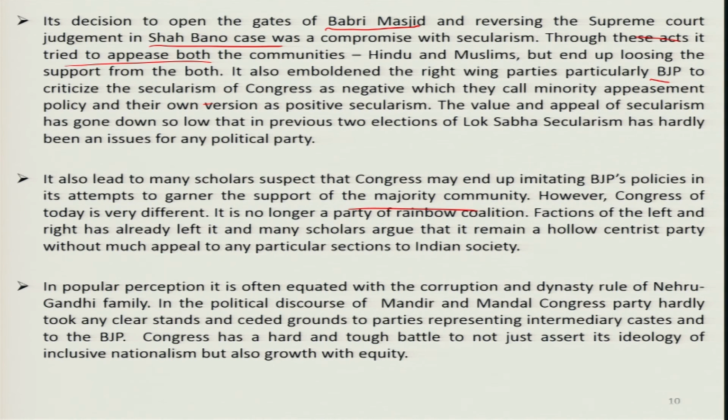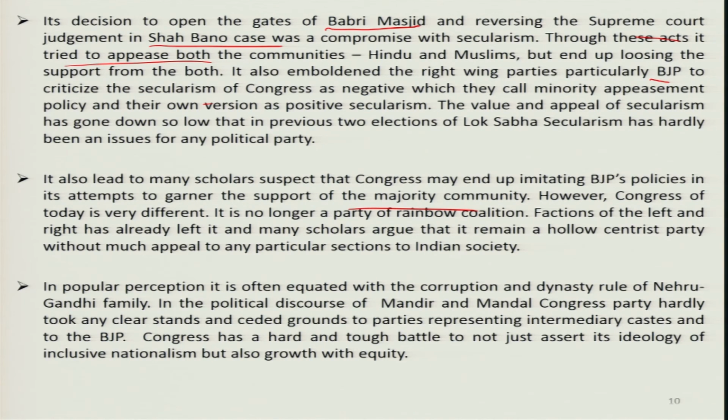It is no longer a party of rainbow coalition. Unlike the 1950s and 60s, where it represented the ideology from the left to the right and a cross section of Indian society, the Congress party of today is very different from that kind of rainbow coalition.